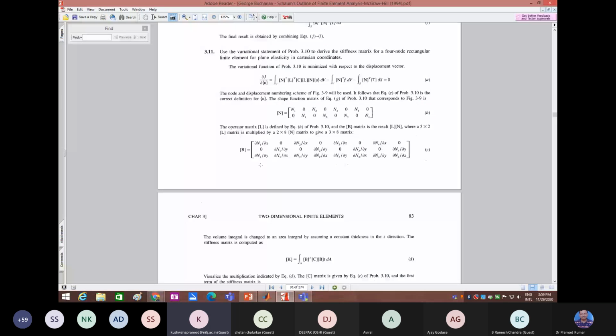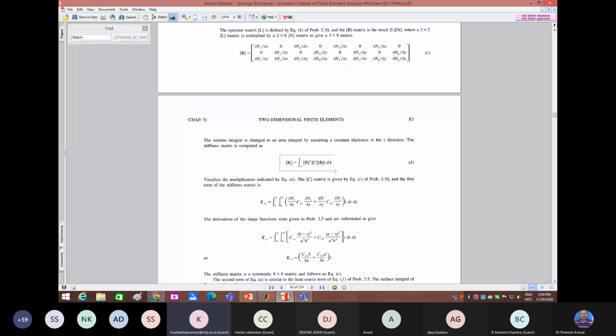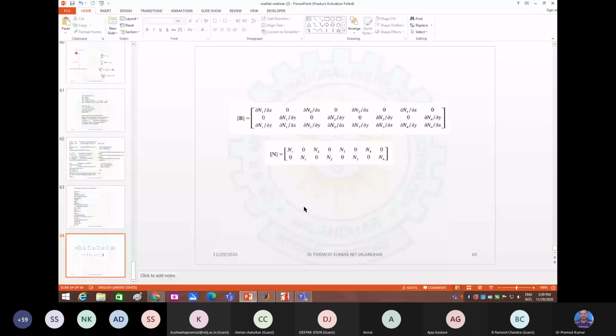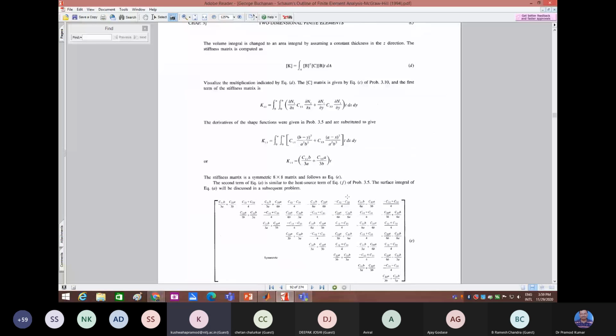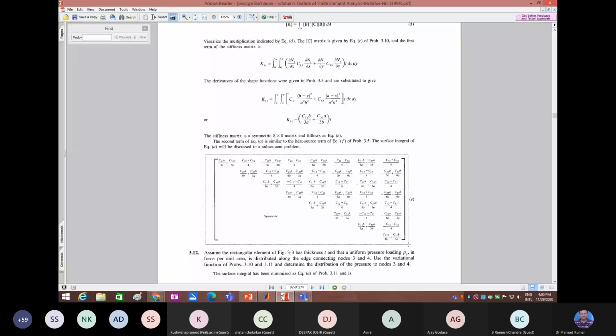It is a very difficult expression to see the solution, but here very easily we can do. Our students understand how it comes, and this is the solution which we are expecting from this.